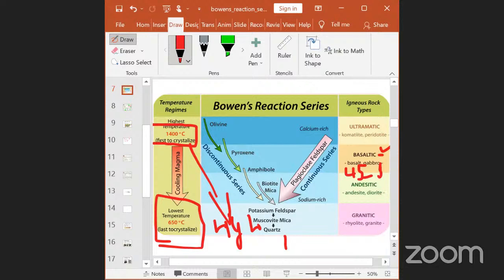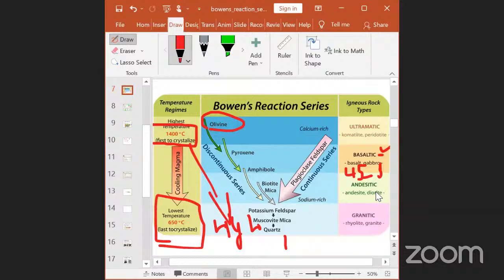First, olivine minerals will be formed, and likewise calcium plagioclase will be formed here.